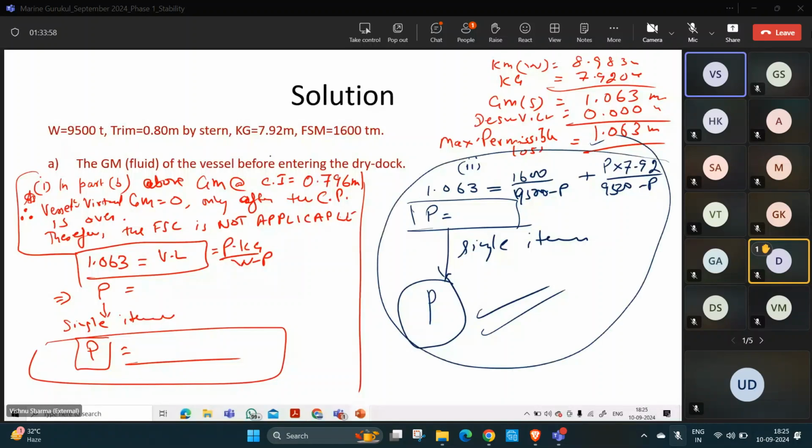Before you start doubting your learning and start saying, sir, why is FSC applicable here? It's up to you. If you don't want to consider FSC, you have to be loud and clear through your statement that you are linking it to the previous part where you found the GM to be positive at critical instant. So you know that she will be unstable in a phase outside the critical instant period, and therefore you have not factored your FSC into calculation.